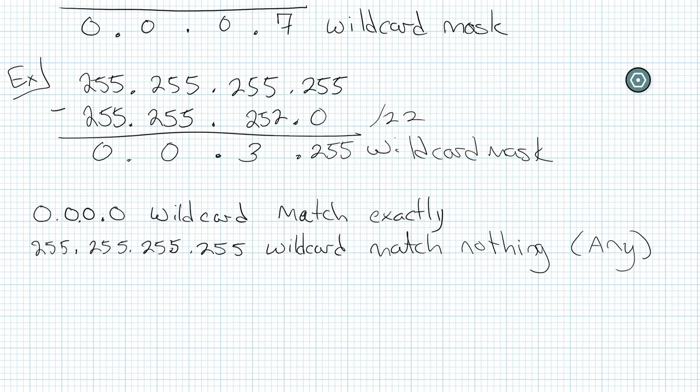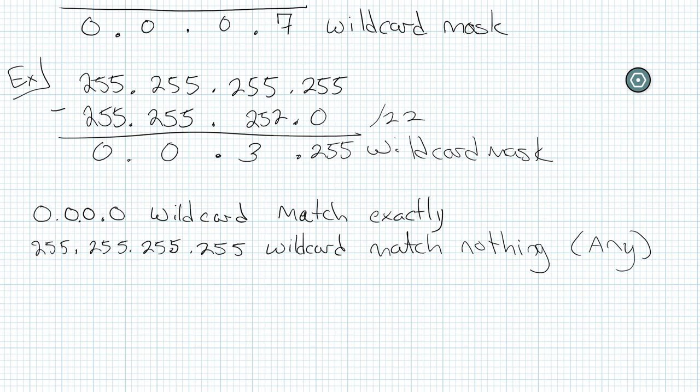The biggest thing about it is that it starts with zeros and goes to ones, and the zeros mean it needs to match that exactly, and the ones mean it's not matching. So if it's not matching anything, then nothing's getting stopped by that rule. If it's matching everything, then that address that matches exactly is going to be permitted or denied by that rule.